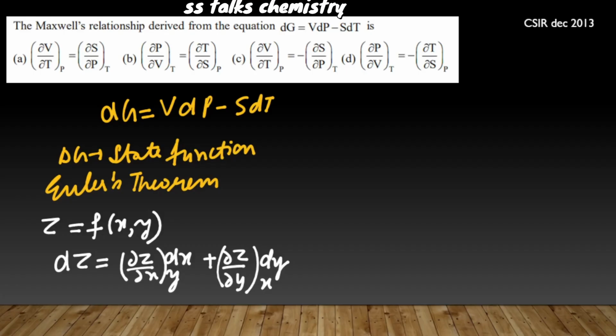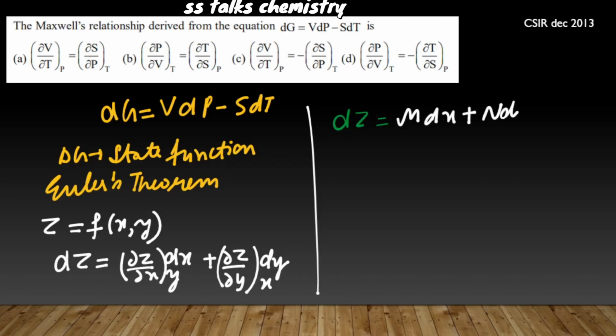This you can replace with M and N values. So this complete differential dz is equal to M dx plus N dy. This is how we can write it.